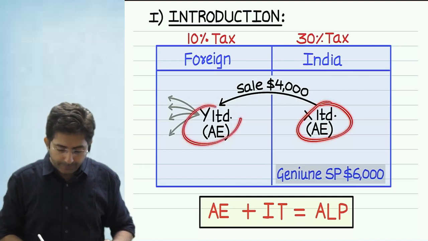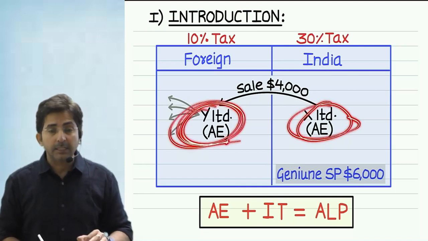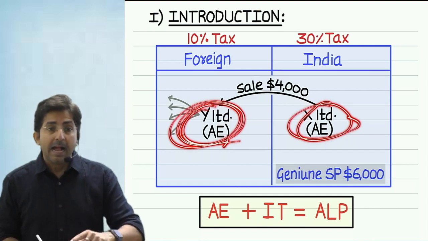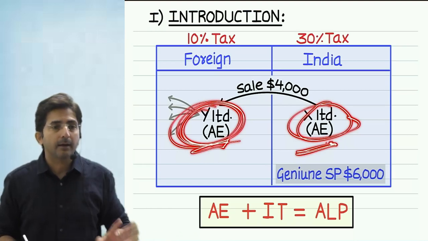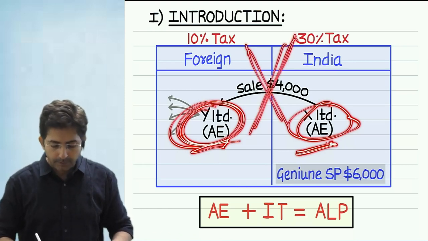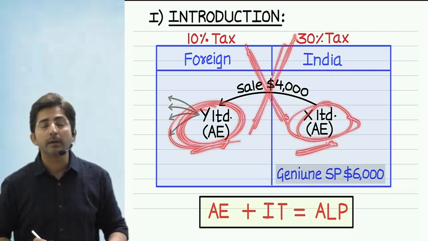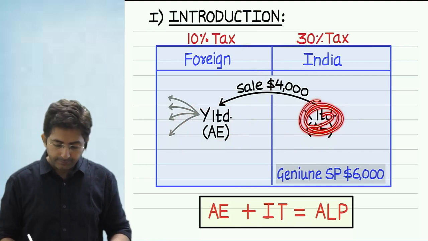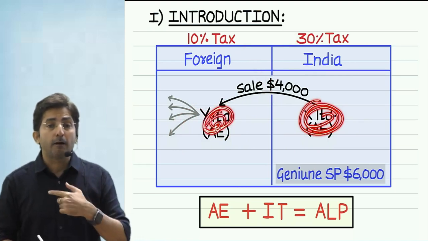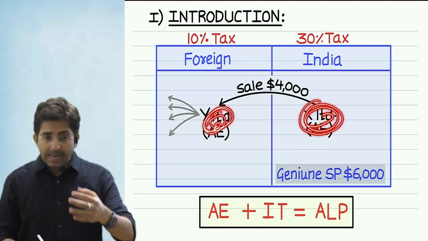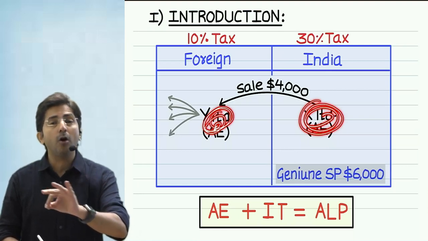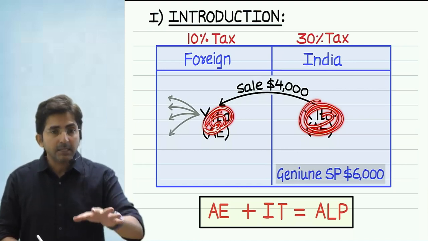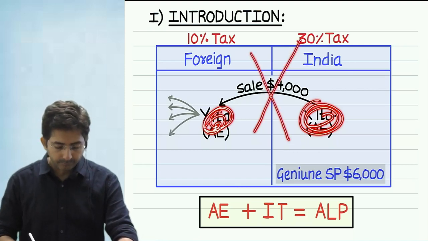Whenever between two entities there is a relation of associated enterprises, and out of the two entities either one is NR or both are NR, then in such a case the price declared will not be trusted by the government.